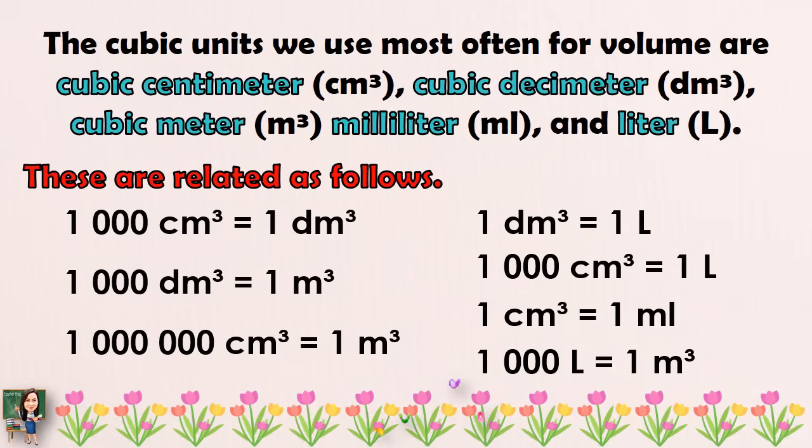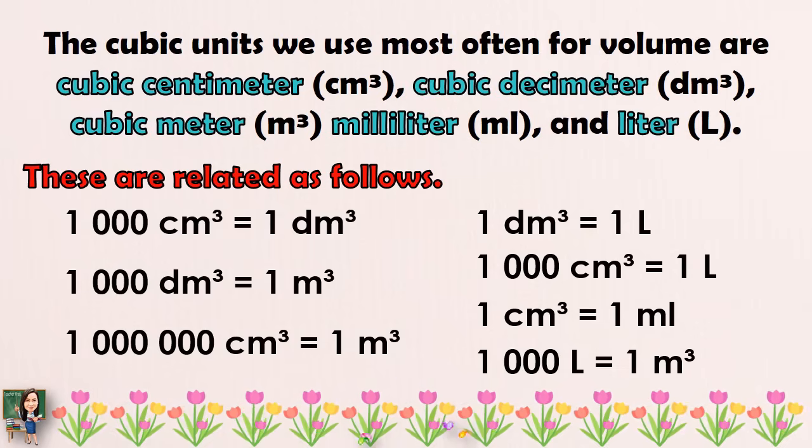And 1,000 liters is equivalent to 1 cubic meter.